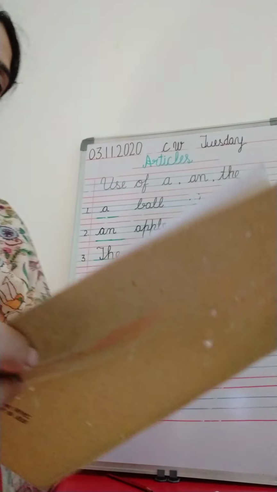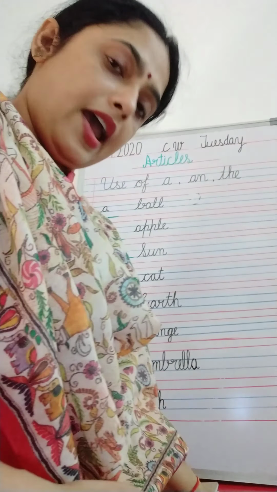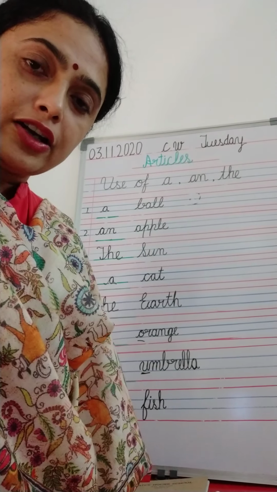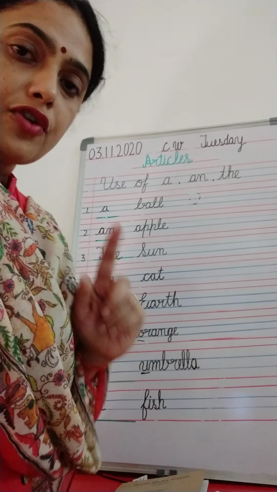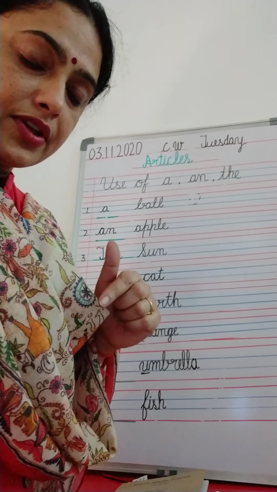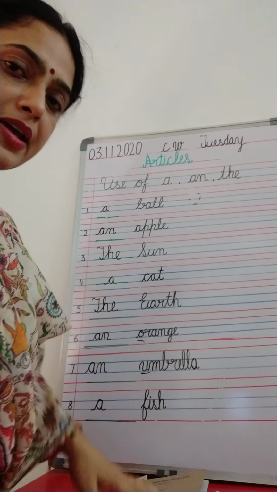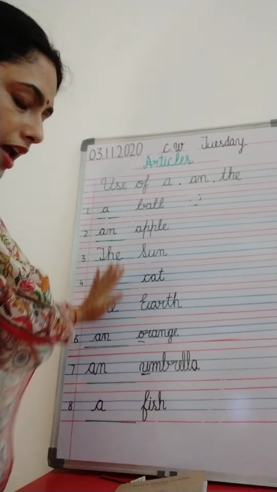Okay, so you are going to revise singular and plural, one and many, and we'll do articles. Okay, so find out the things at home which start with the spelling of a consonant and which start with the spelling of a vowel. Make a list with your mama and do this work in your EVS notebook.